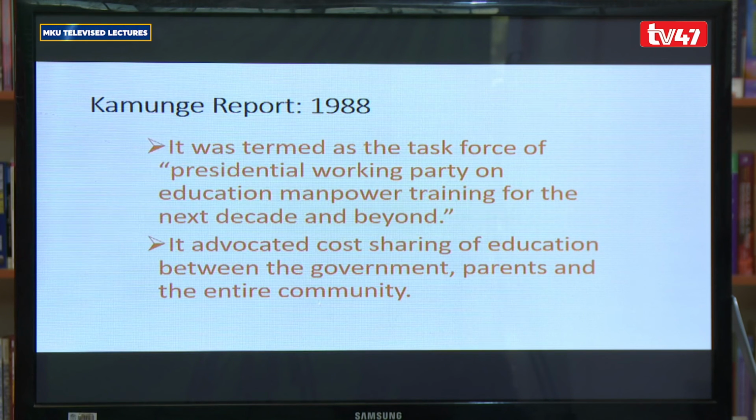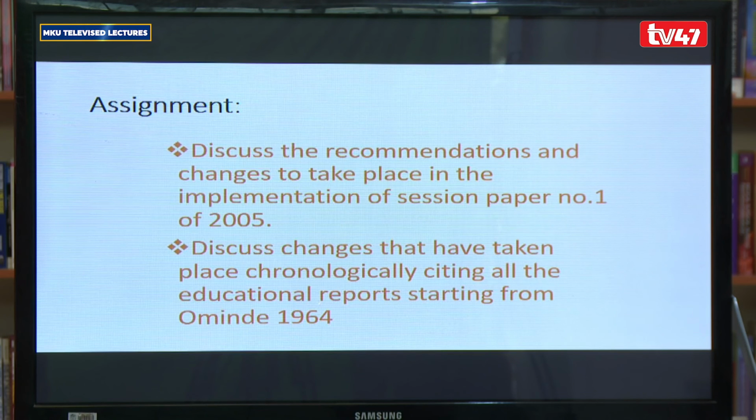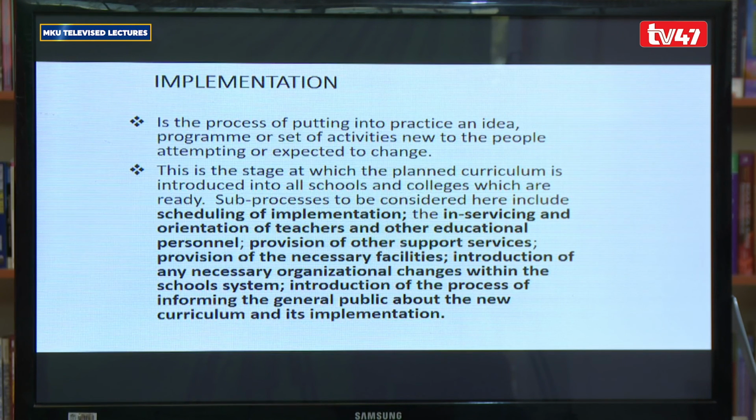Then we also have the Kamunge report of 1988. Now, when it comes to implementation, and implementation here we are referring to the process of putting the idea into practice, it has not been easy, but it includes scheduling that particular implementation process.